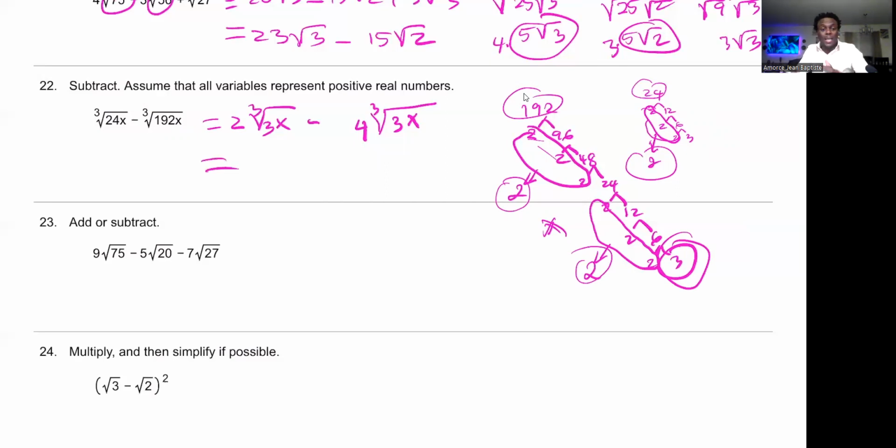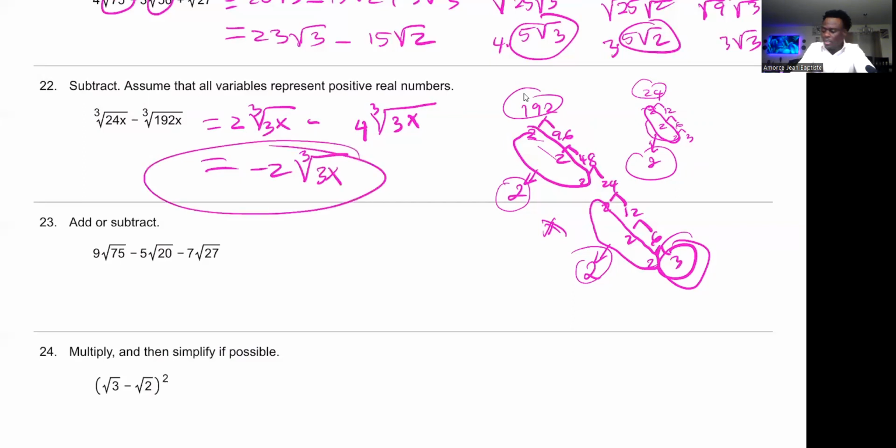The fact that they want me to do that, I wasn't sure that they expected me to have like radicals, so I can combine. Now I can combine. So I can have 2 minus 4, that's negative 2. And then radical, don't change when you combine, index stays the same, and then 3x. That's your answer.